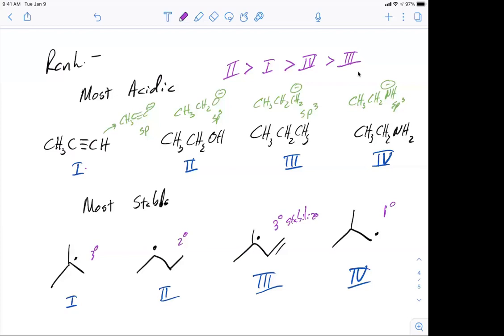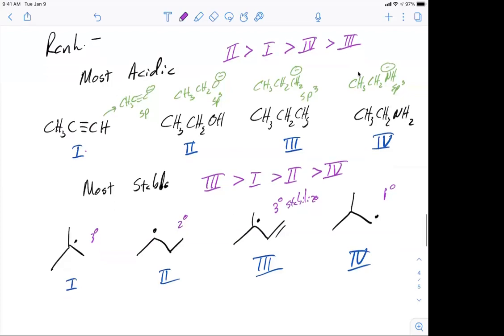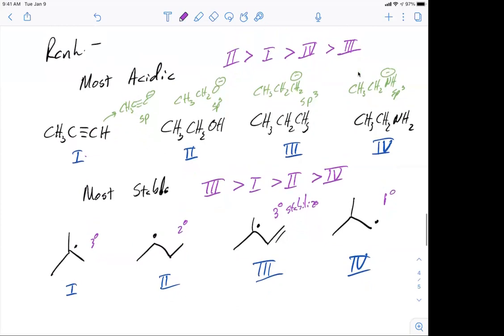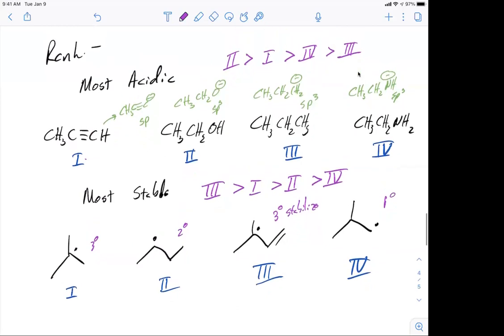Okay. So most stable is going to be the stabilized tertiary, right? Then the tertiary, then the secondary, and then the primary, right? The stability of radicals follows the same trend as carbocations. They're both electron deficient species, and so therefore they have similar stabilities. Questions about either of these?